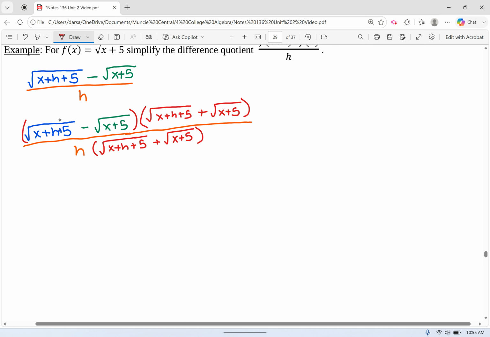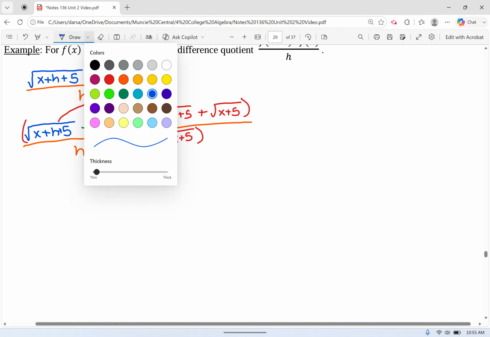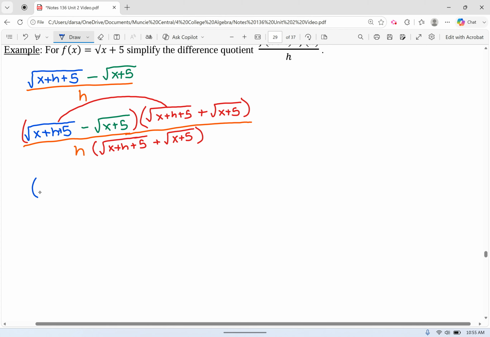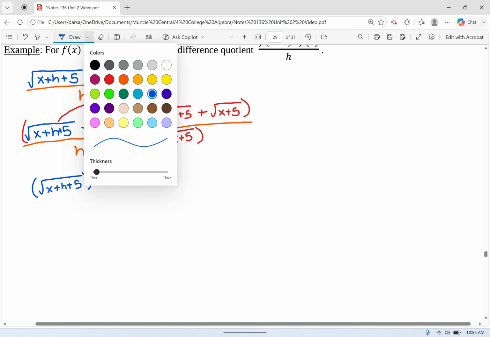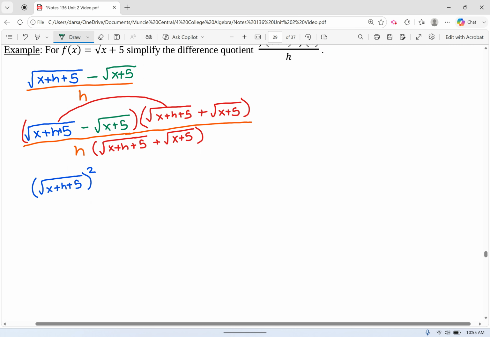Now, the tricky part here is we have to multiply these two together. So we're going to multiply the square root of x plus h plus 5 times the square root of x plus h plus 5. Notice that those are the same. Well, if we multiply the same thing by itself, isn't that just the same as squared? Now, the insides are where this is going to get a little tricky because we need to multiply the insides and the outsides, these two together.